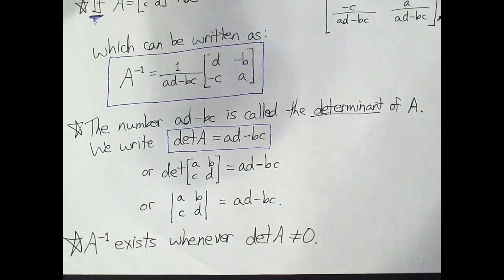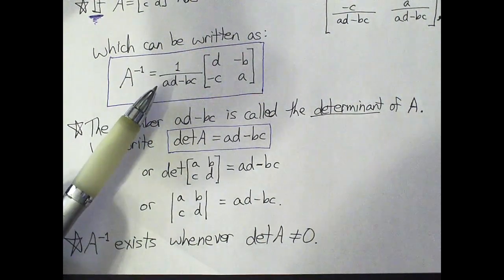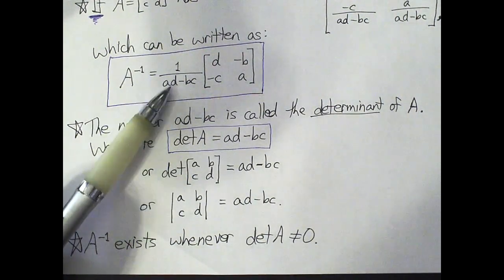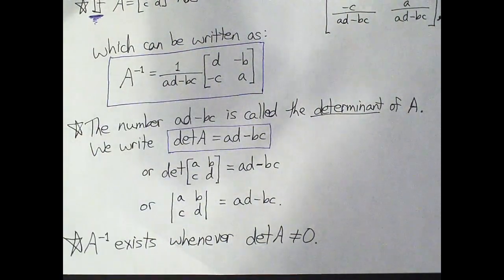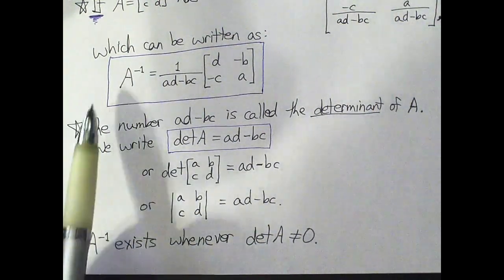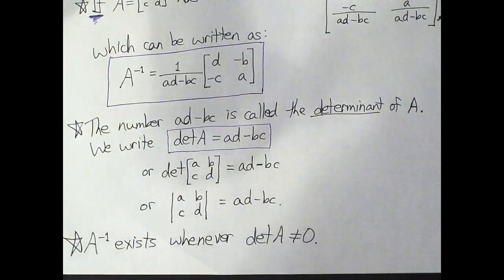So yes, it is a problem if that determinant is 0. If the determinant is 0, then the formula for A inverse has a 1 over 0 in it. So if the determinant is 0, then the matrix is not invertible. Or if the determinant is non-zero, then the matrix is invertible. All right, pretty cool.